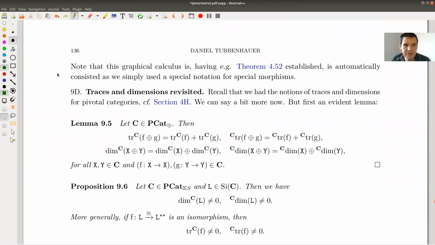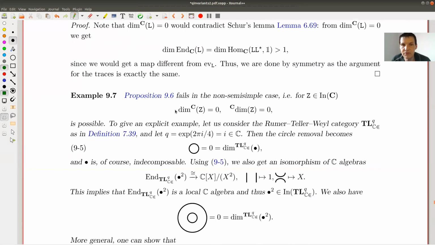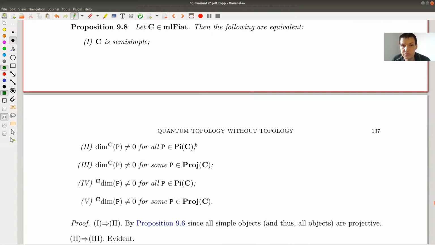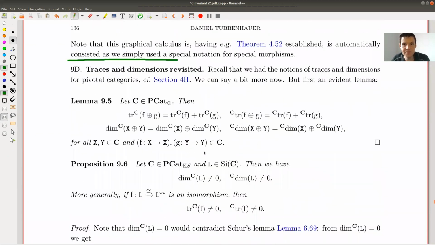And with such a notation, it's usually easy to revise something like dimensions. And remember, dimensions were circles. So the dimension in a reasonable pivotal category was just a circle.